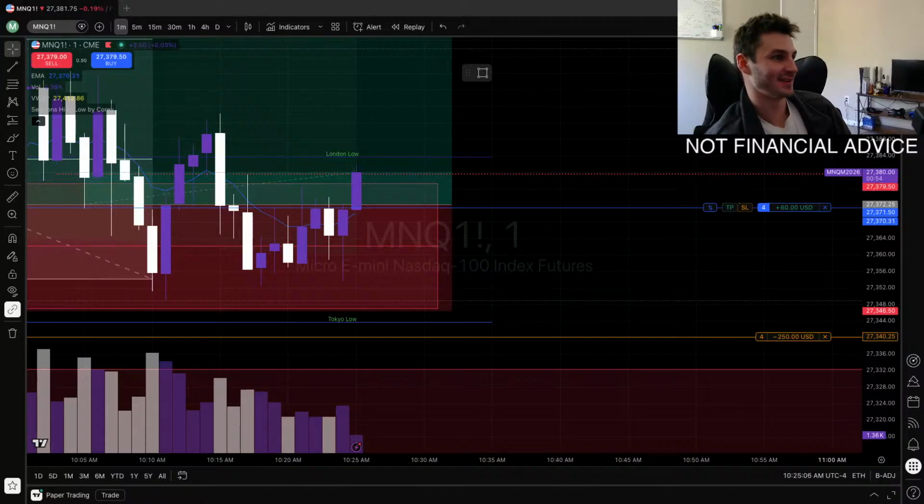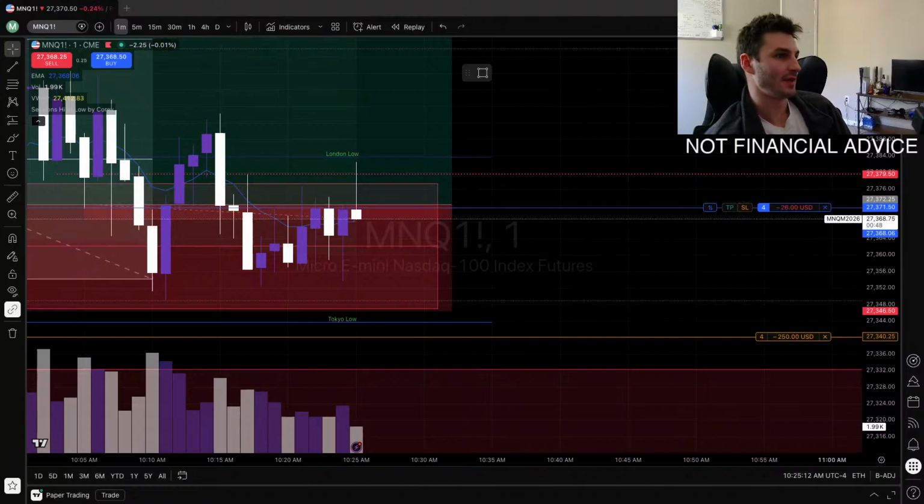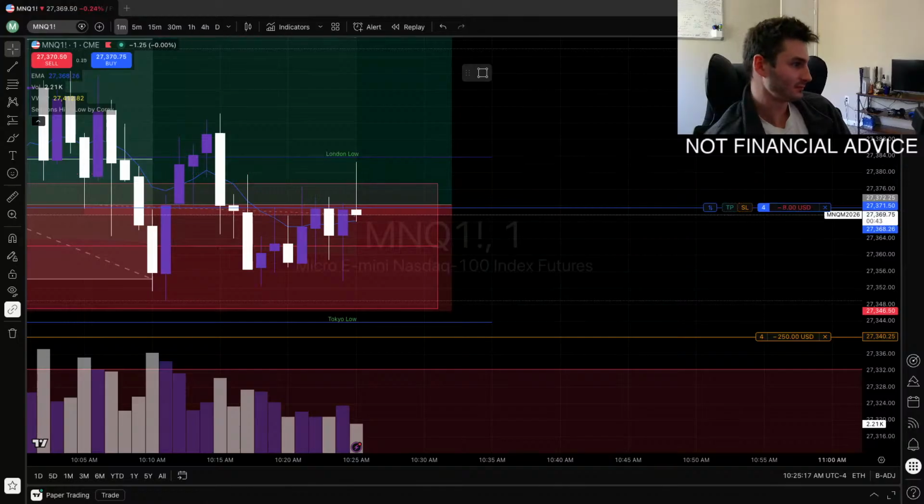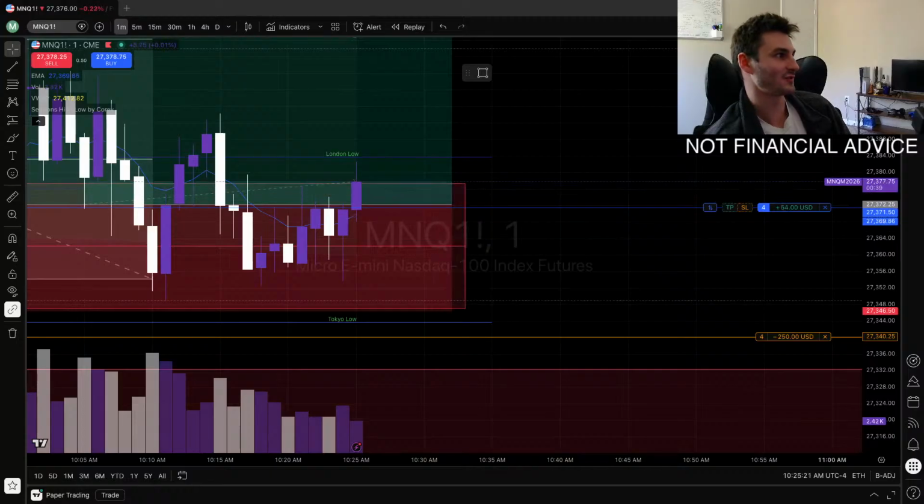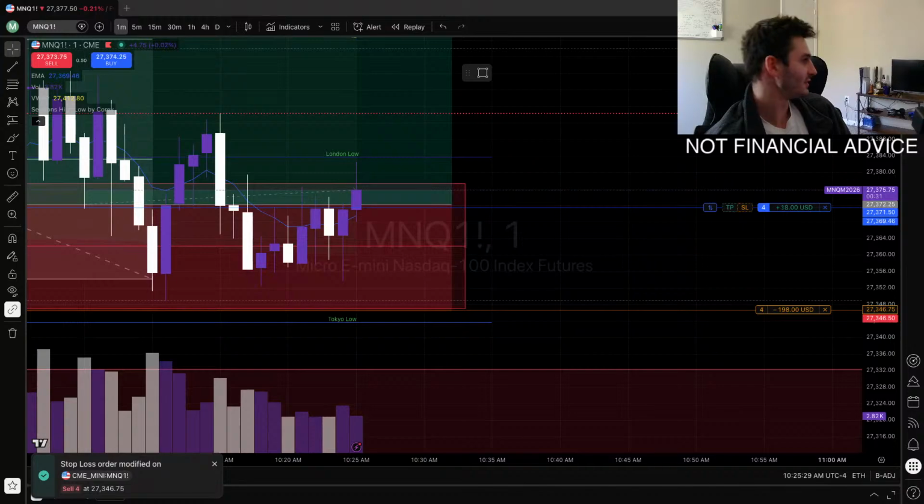There we go. Alright, I'm gonna move my stop. Never mind, not that reaction. Holy cow. This thing cannot hold bull structure for the life of it, dude. It's just insane to me. Alright, let's move it just a little bit, because at this point, if it tags this gap, it's not gonna work.